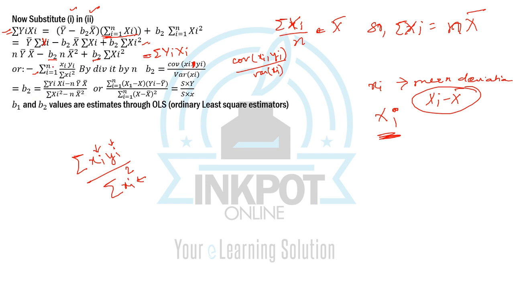Okay, so this expression of b2 you can rewrite or modify into several expressions. So you can either write it as this, or you can also write it as this. You can also write this b2 as this, or you can also write this.